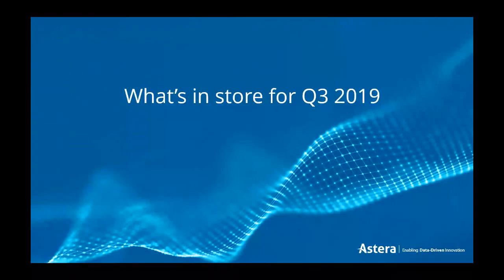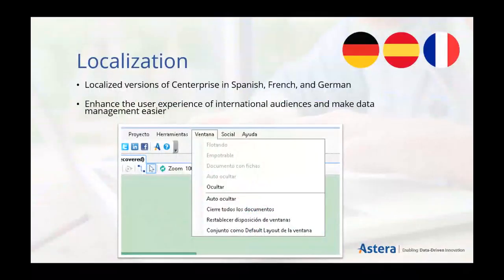I'm going to start off with foreign languages. We've been primarily a US-based company, and all of our customers need to speak at least some level of English. We do have some customers in Germany, France, and Spanish-speaking countries, and now we've introduced the ability to have the application reflect that.